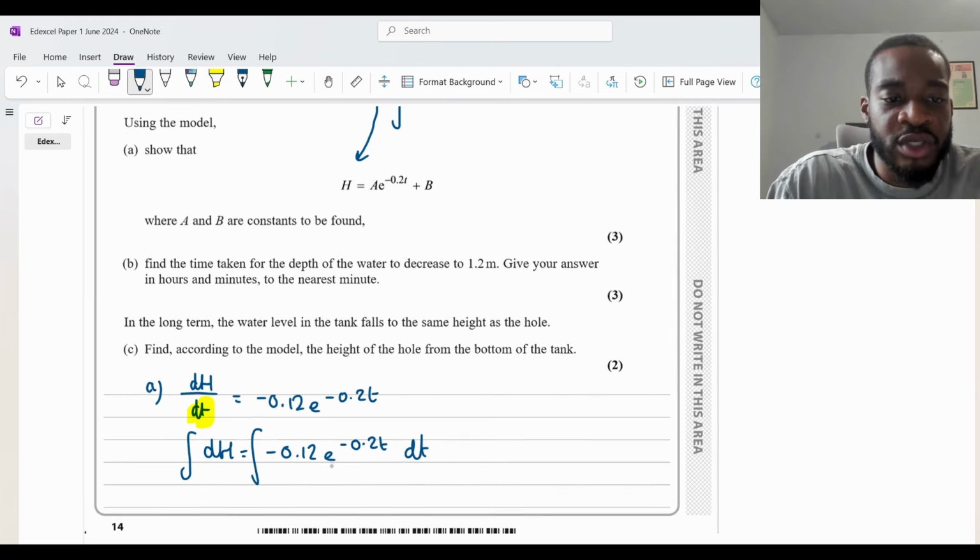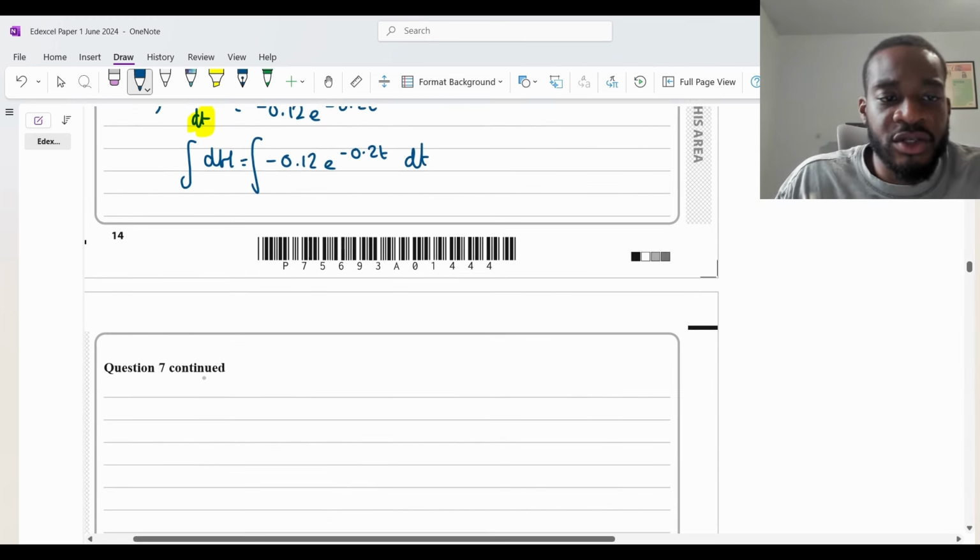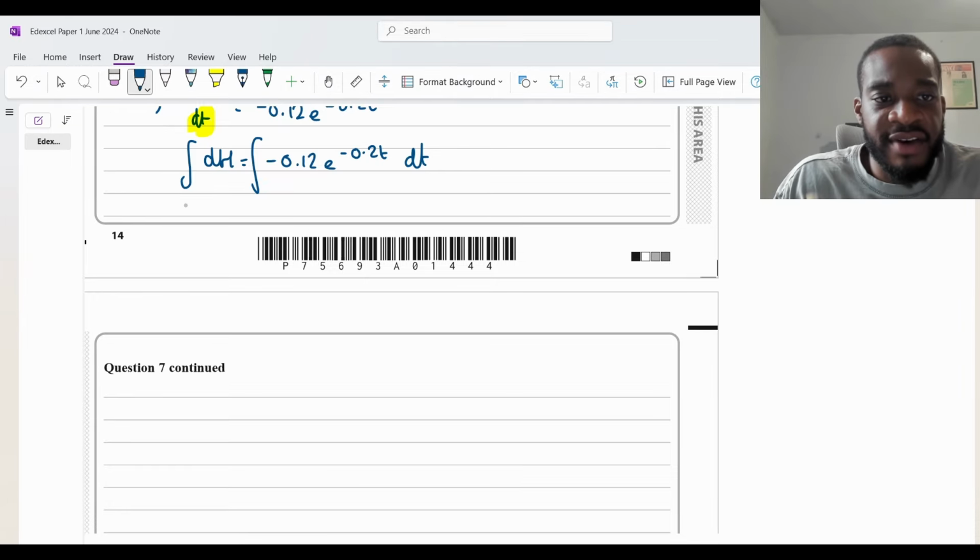So I'll do this here so you guys can see it. If I integrate dh, remember, that's a 1, isn't it? That's just going to be 1h. So I'm going to have a capital H here, integrating that. And then if I integrate that over there, remember, this is an exponential. It's the reverse chain rule. So that minus 0.12 is a constant.